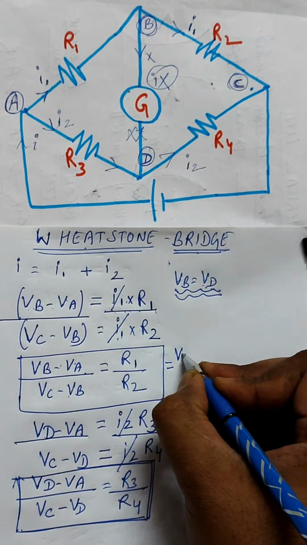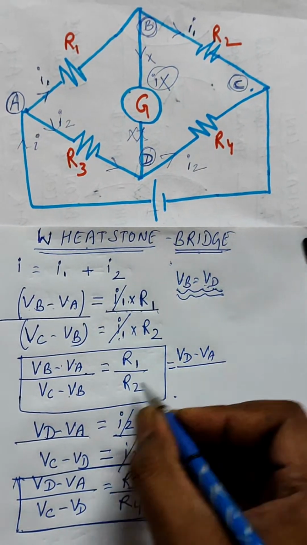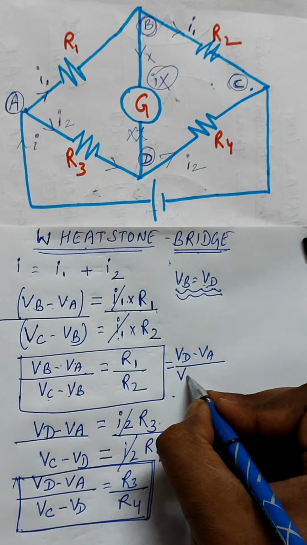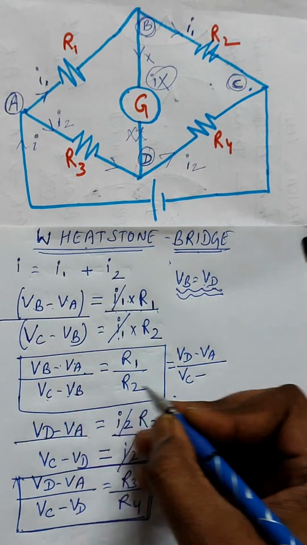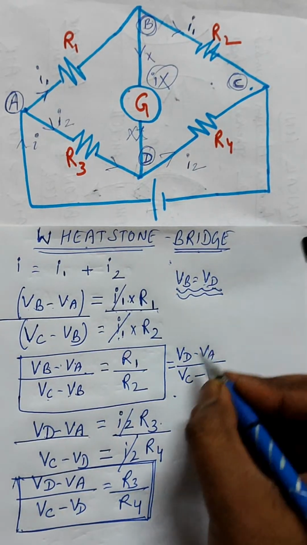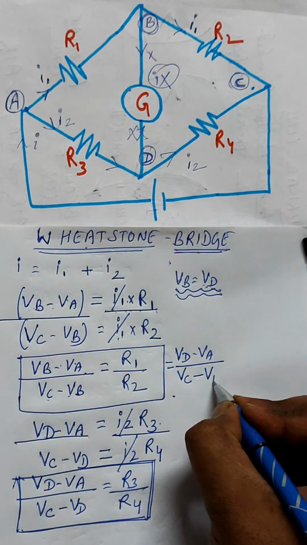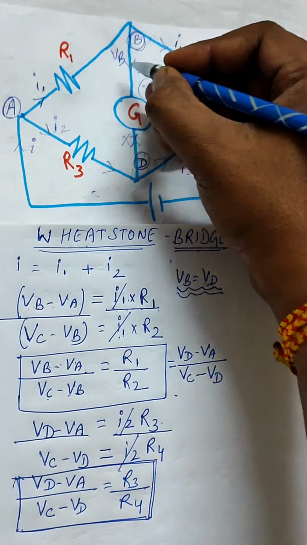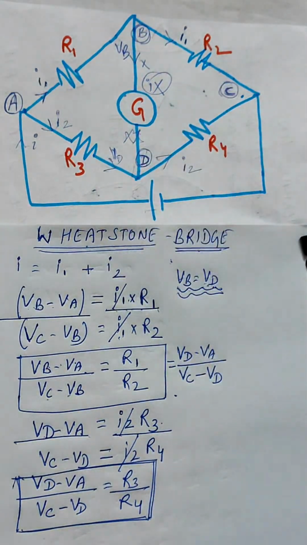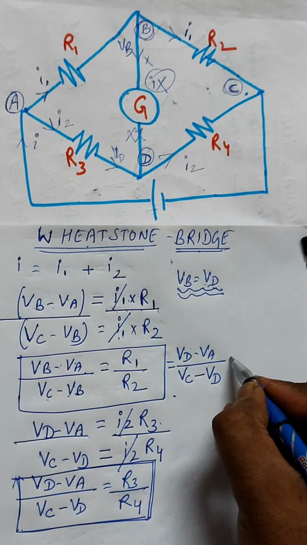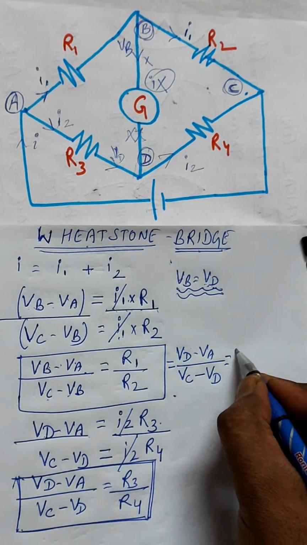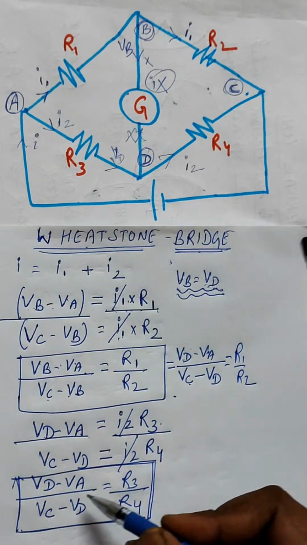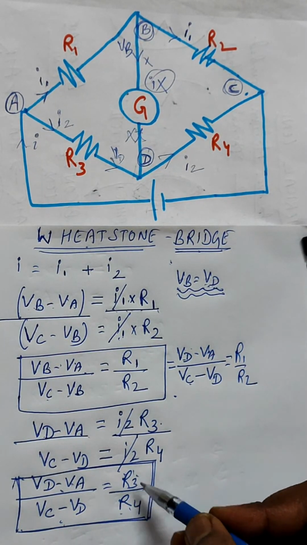So R1 by R2 equals (VD minus VA) by (VC minus VD), because the potential at B is equal to the potential at D. This is the new value of R1 by R2, and (VD minus VA) by (VC minus VD) is also the value of R3 by R4.